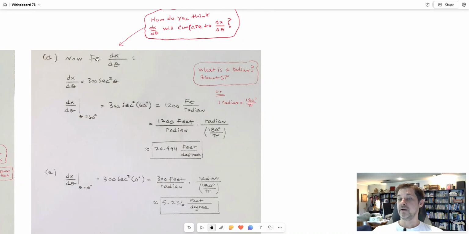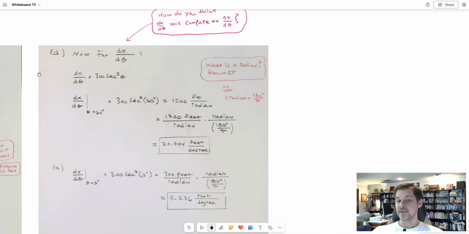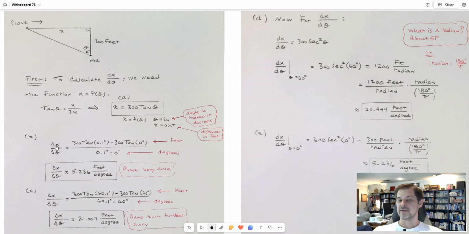Well, the entire notion of the derivative is that it is this, but when delta theta, that delta on the bottom, is very small. That's why the notations look so similar.